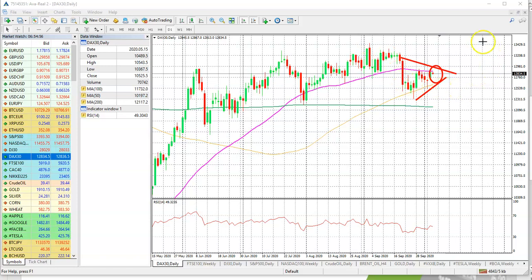So the upward momentum really needs to be supported by the bulls, because if that doesn't happen, then it is very likely that this price may start to roll over to the downside, meaning more sell-off could be on the cards for the DAX index.